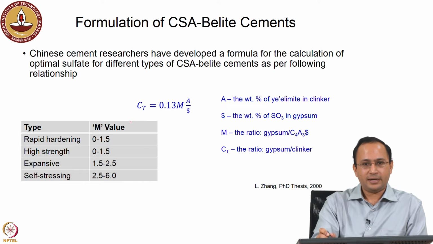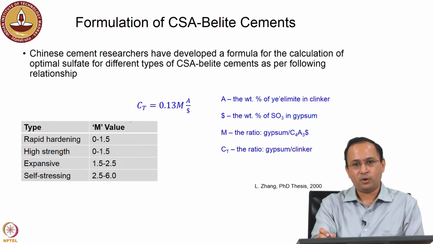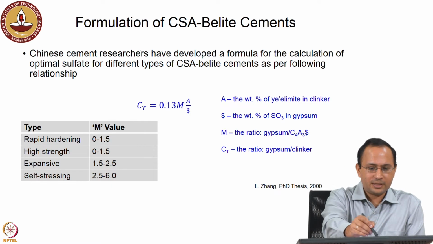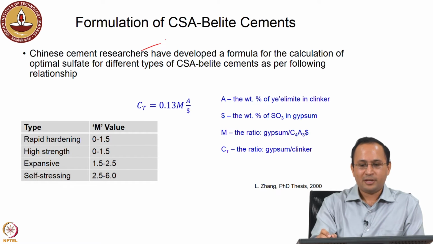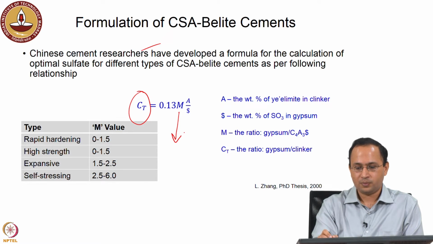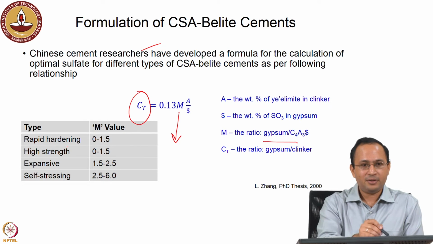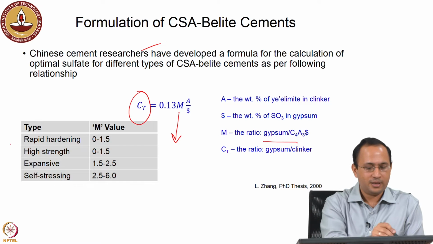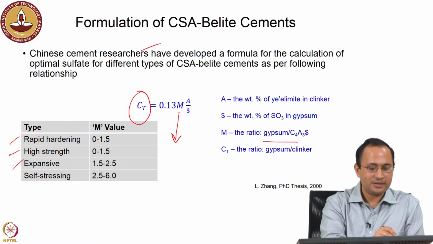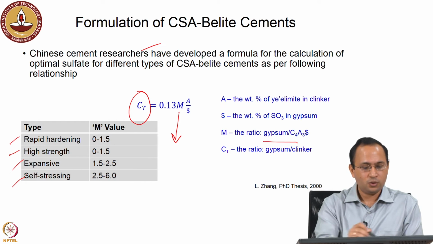So, now we know that gypsum plays a big role. Depending on the amount of gypsum, we can form either monosulfate or ettringite or both. Chinese researchers have developed this formula. Basically, M is the molar ratio of gypsum to yeelimite, and based on it we can develop different types of cements: rapid hardening cement, high strength cement, expansive cement, self stressing cement.